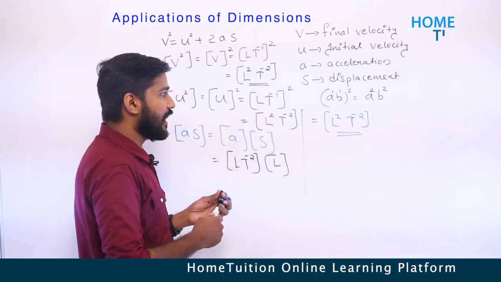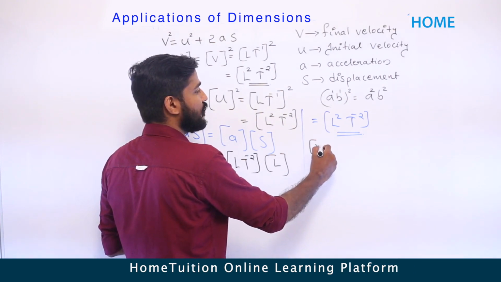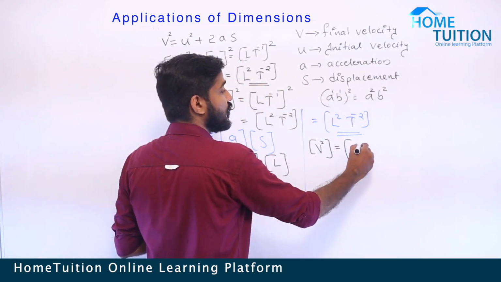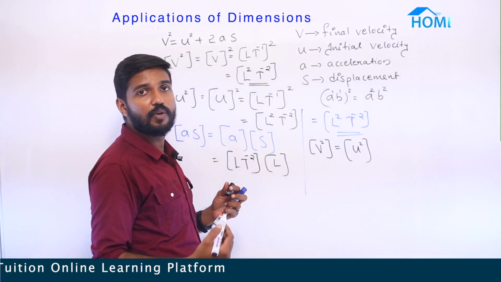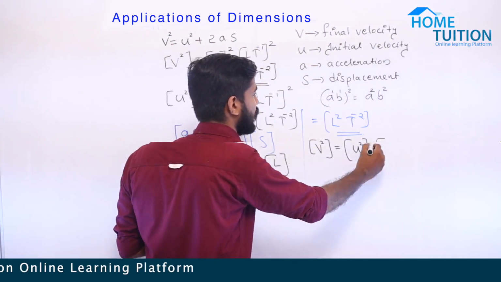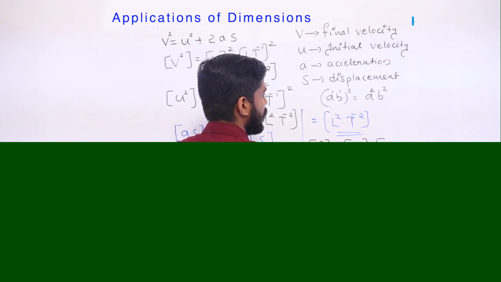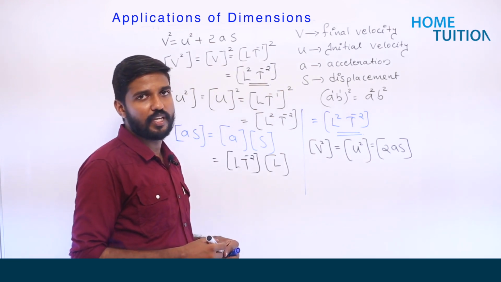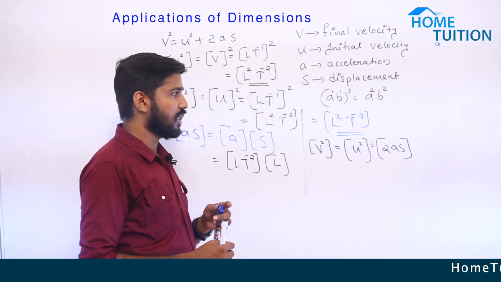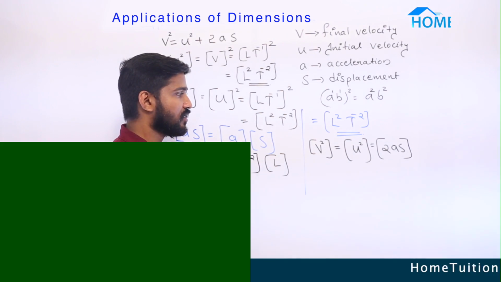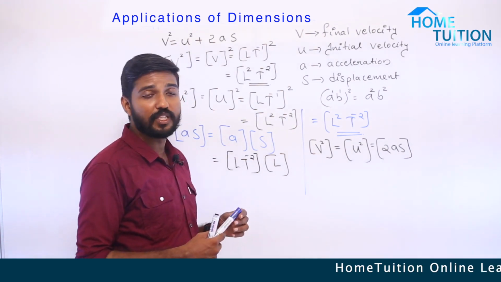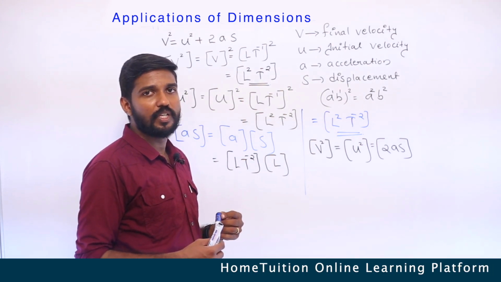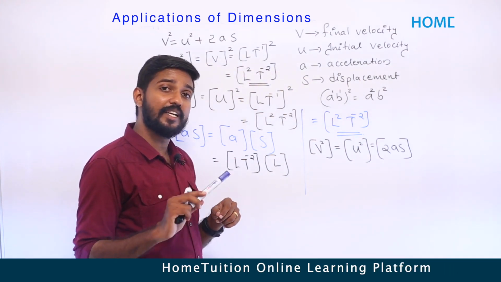So we can write that dimension of V square equals dimension of U square, which again equals dimension of 2As or dimension of As. So the dimensions of all the terms are equal. So this equation is dimensionally correct.